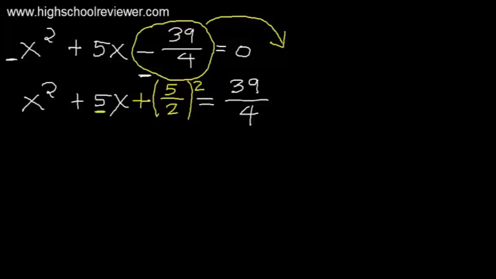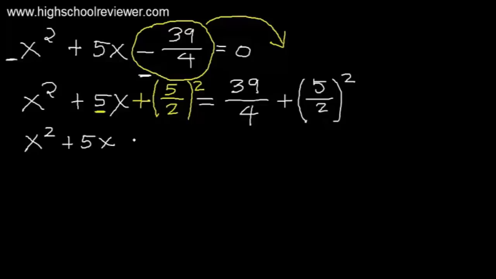Now take note, whatever is added on the left should also be added on the right side. So we will also have here 5 all over 2 raised to the power of 2. So we have here x squared plus 5x plus 5 raised to the power of 2, that will be 25, and 2 raised to the power of 2 is 4.